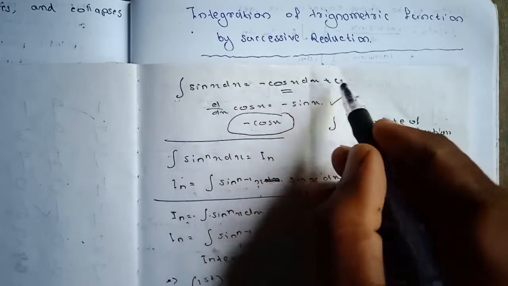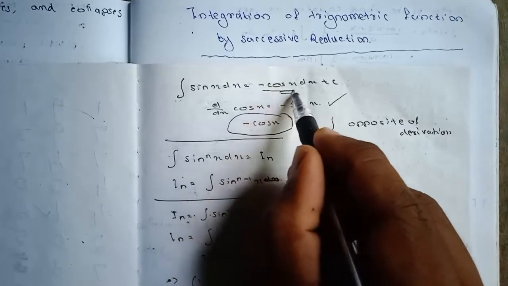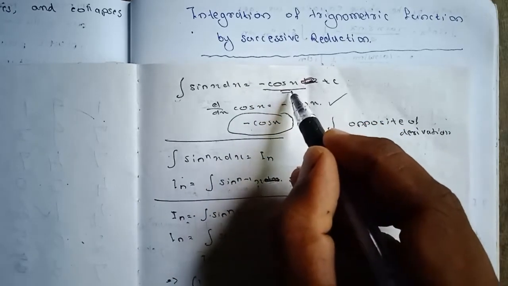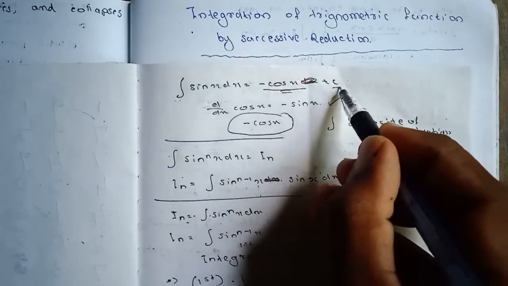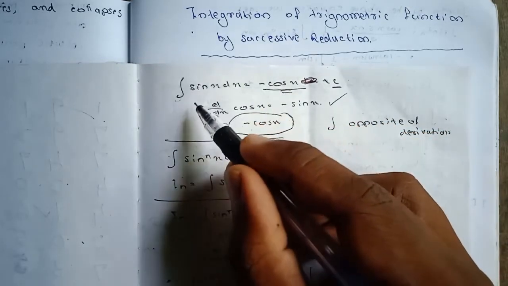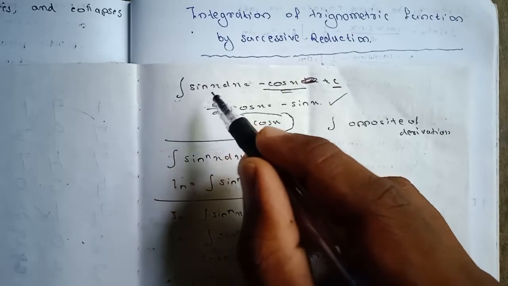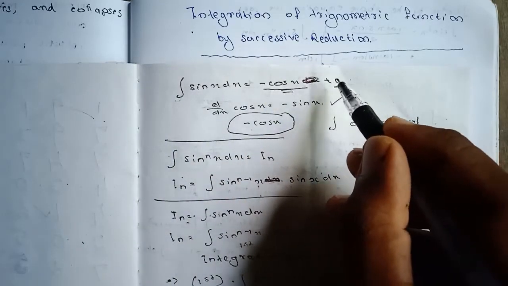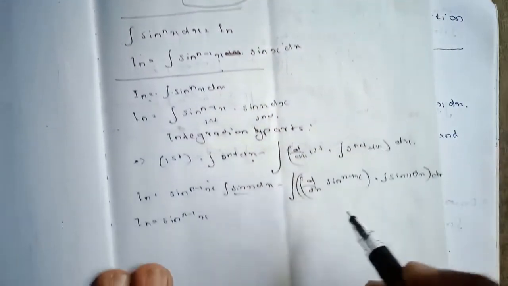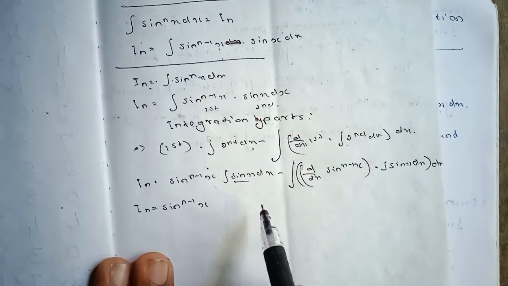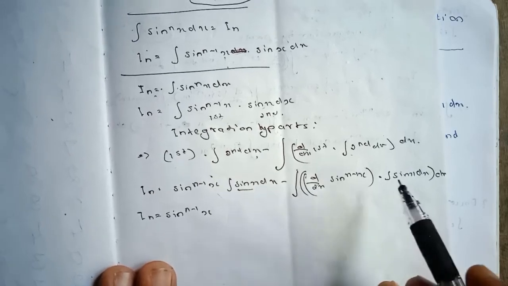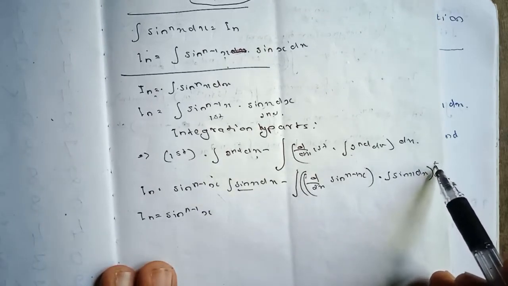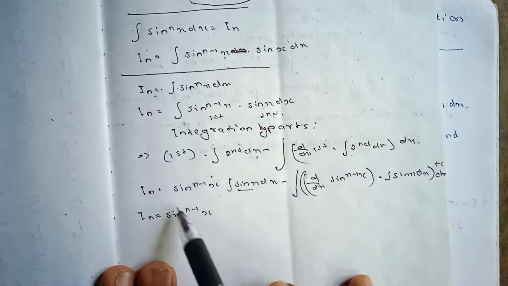Note that we write only minus cos x here, not plus c, because this is an indefinite integral, so we put plus c only in the final outcome. Likewise we do not put plus c here; at last we put a plus c in the whole equation.